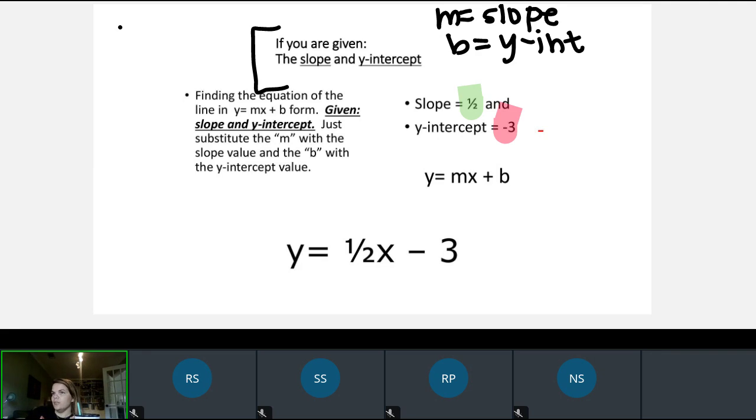Slope-intercept form is y equals mx plus b, where m is the slope, b is the y-intercept.